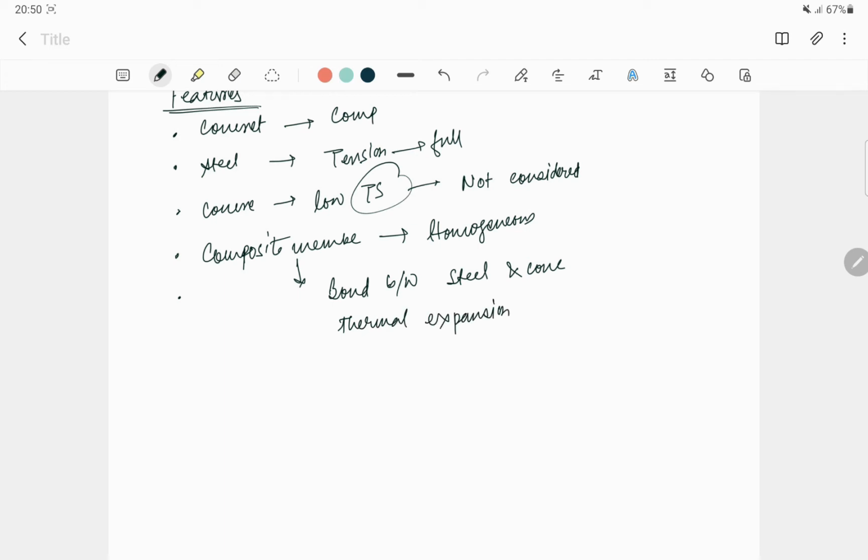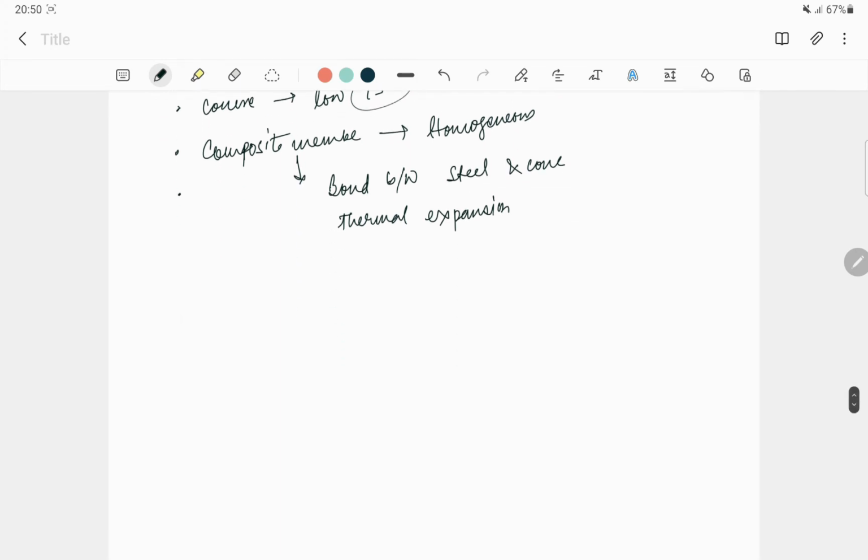Now we will talk about the uses. We are civil engineers, and we use RCC material in everything. Every day you see buildings made of RCC.